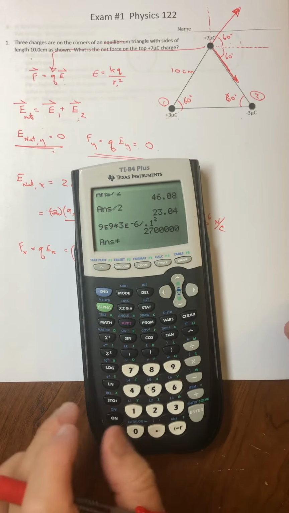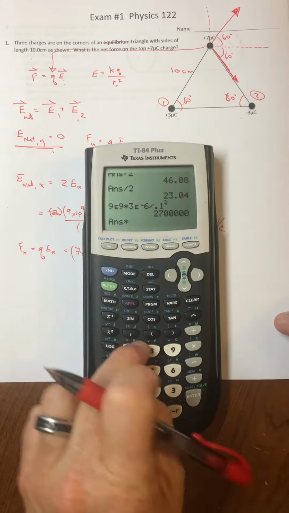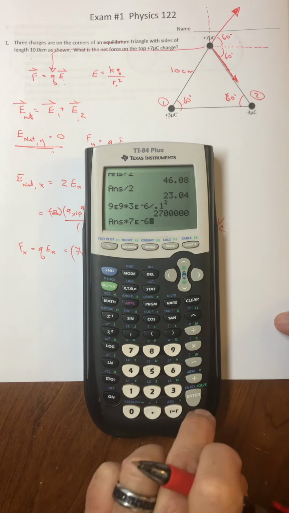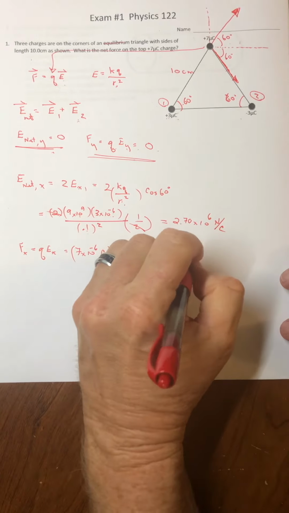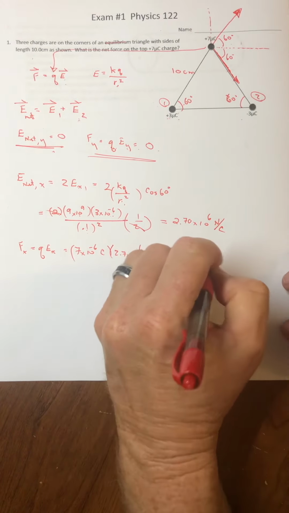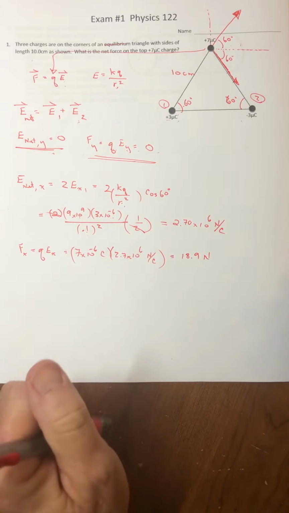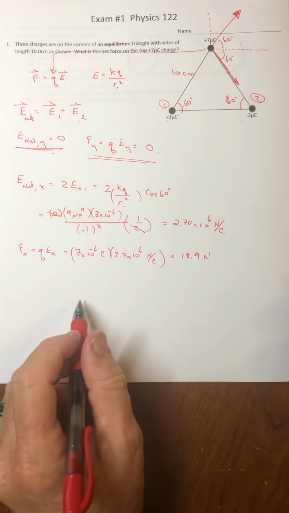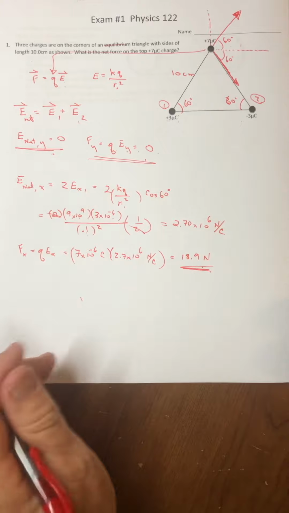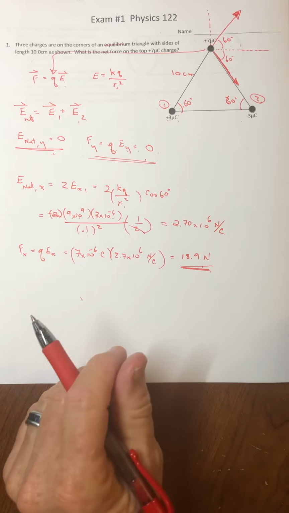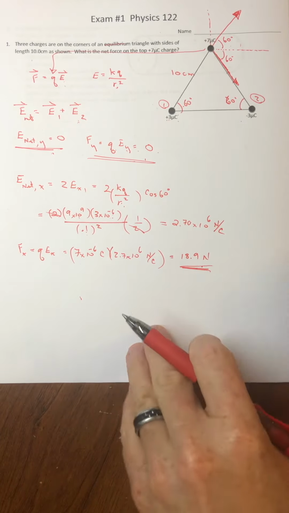And we're looking at about 18.9 newtons in the x direction. And that's probably good enough right there, because I did list the x and the y. You don't need to add anything more to that.